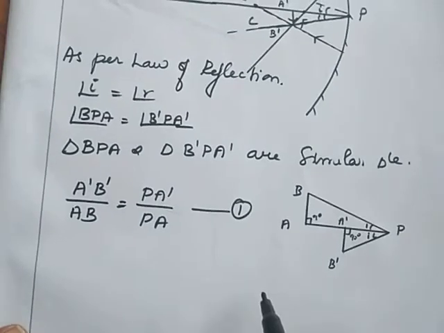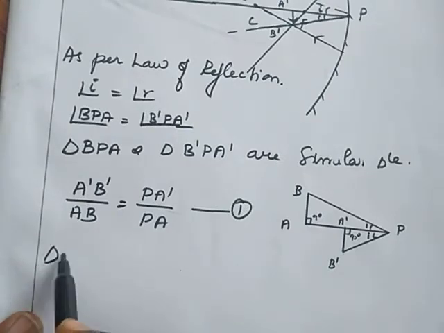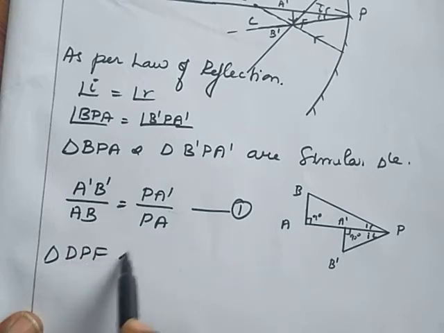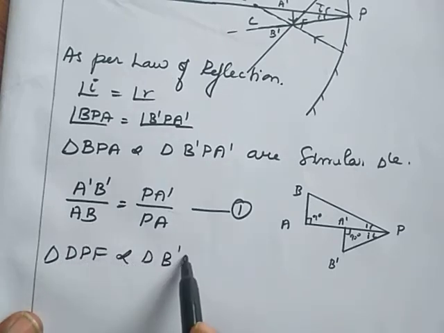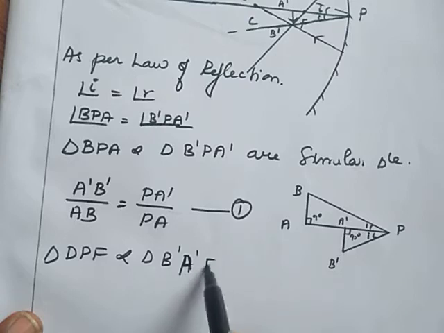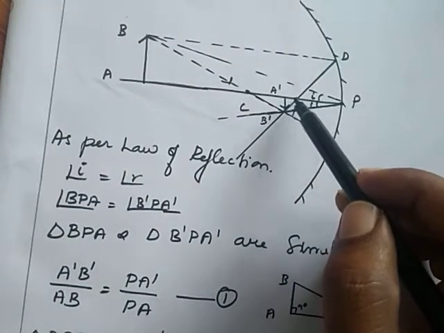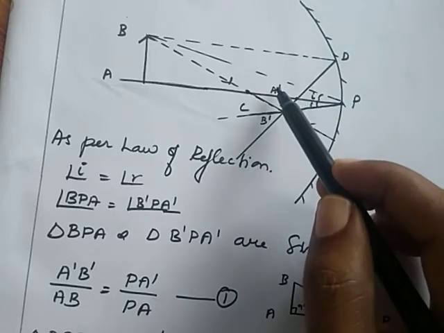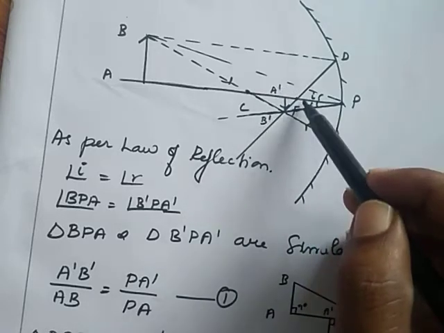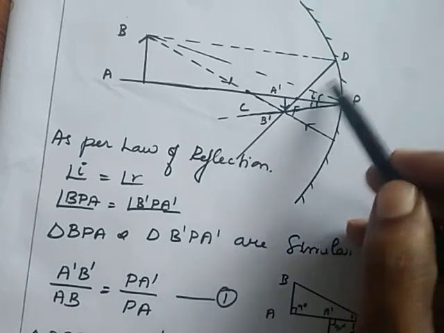Then I consider one more pair of similar triangles, that is triangle DPF and triangle B dash A dash F. These two triangles are similar.